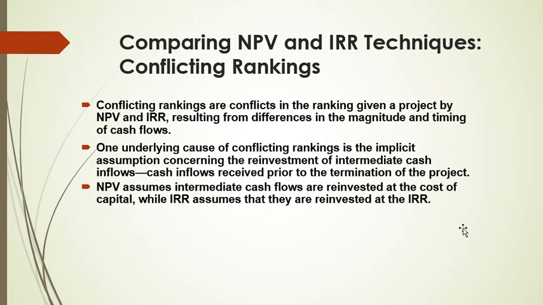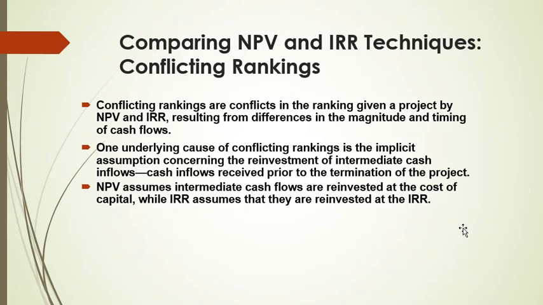The net present value technique takes whatever cost of capital is present when money is invested, but the internal rate of return technique assumes that whatever this number is, that's the number that's going to be earned on average per year.